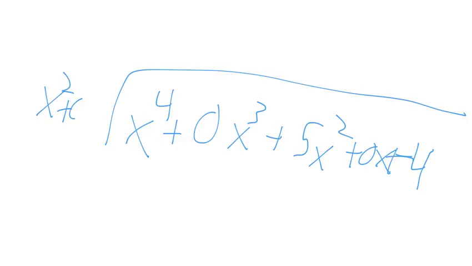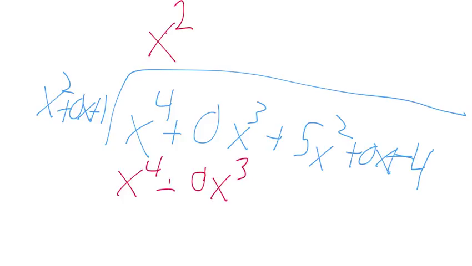Since it's just x squared plus 1, that'd be 0x plus 1. Remember, any missing x terms, just put 0 in front of them. It'll help you from getting confused. So now you multiply x squared by x squared to get x to the fourth. x squared times 0x would be 0x to the third. Then x squared times 1 would be positive x squared.